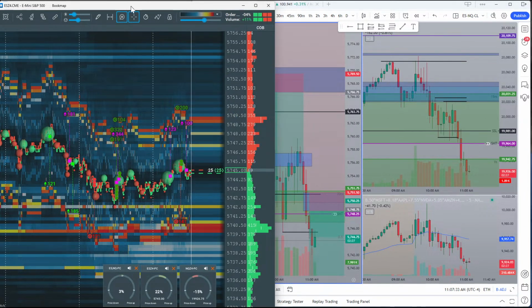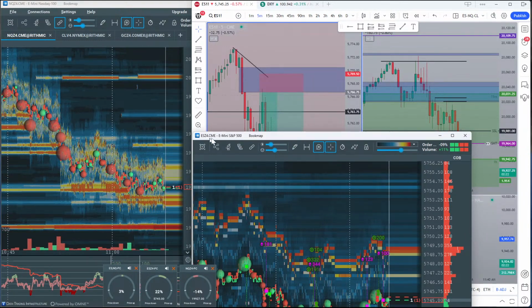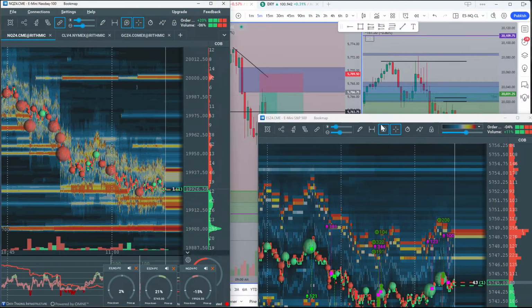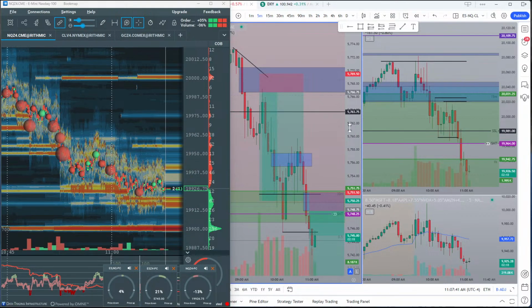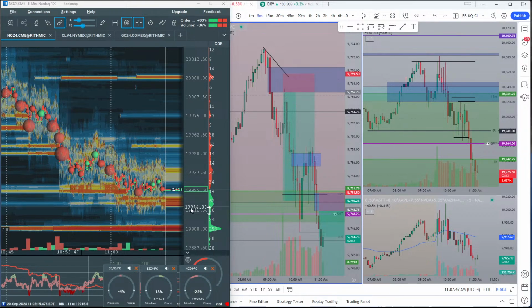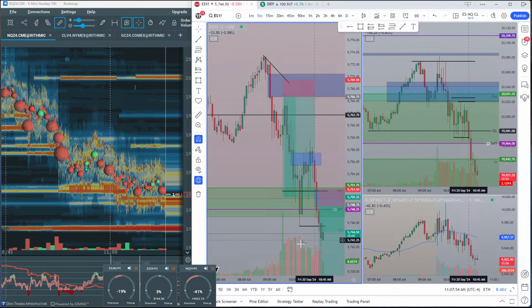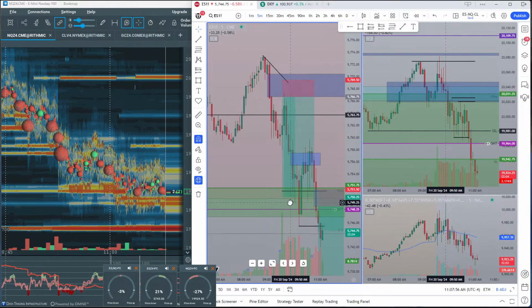NQ with some weakness. Next NQ level is 19,900. About 26 points away on the NASDAQ. Next ES levels 57.48, which is our entry, and then 57.40. So about an 8-point target, 2-point stop loss.